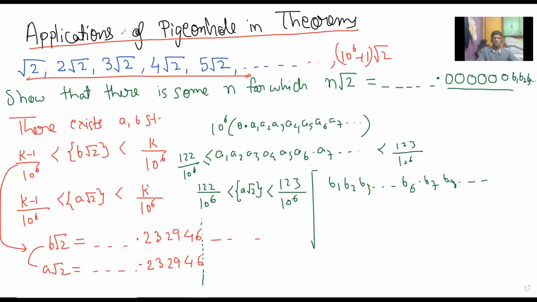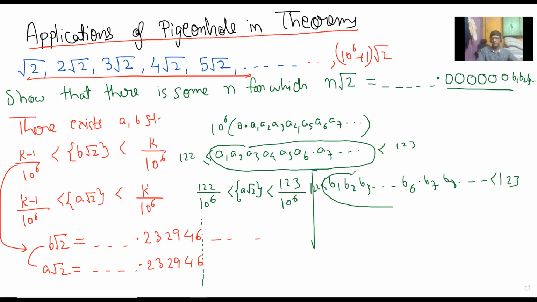No, this is between 123 and 122, and this is also between 123 and 122. So what does this mean? It means that the difference between these two numbers is less than 1, strictly less than 1.